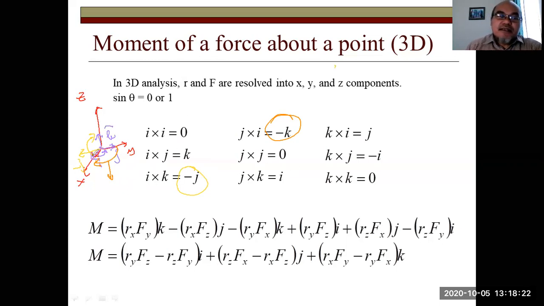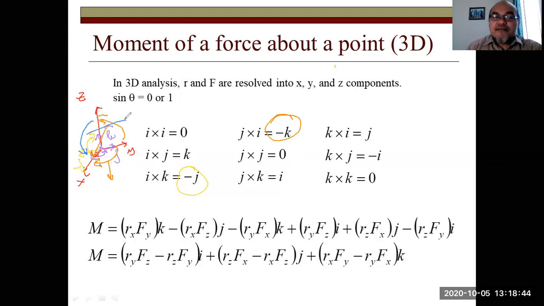j cross k is from the y-axis towards the z-axis. So the direction will be towards the positive x-axis. j cross k will be equal to i. k cross i, on the other hand, is from the z-axis towards the x-axis.